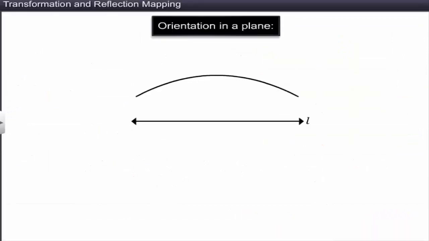Now, let's see what happens to the orientation of a plane by reflection in a line. Consider 4 points A, B, C, and D lying on a curve, labeled in the clockwise direction.